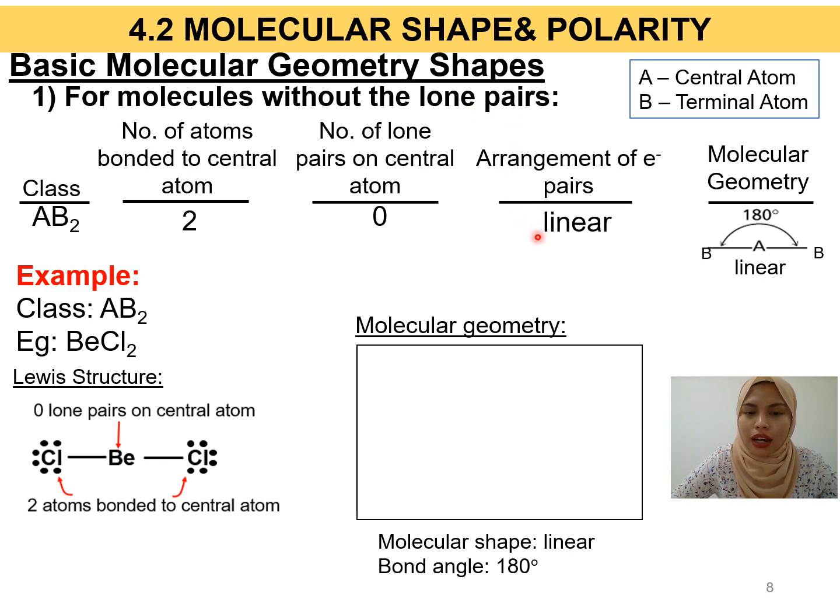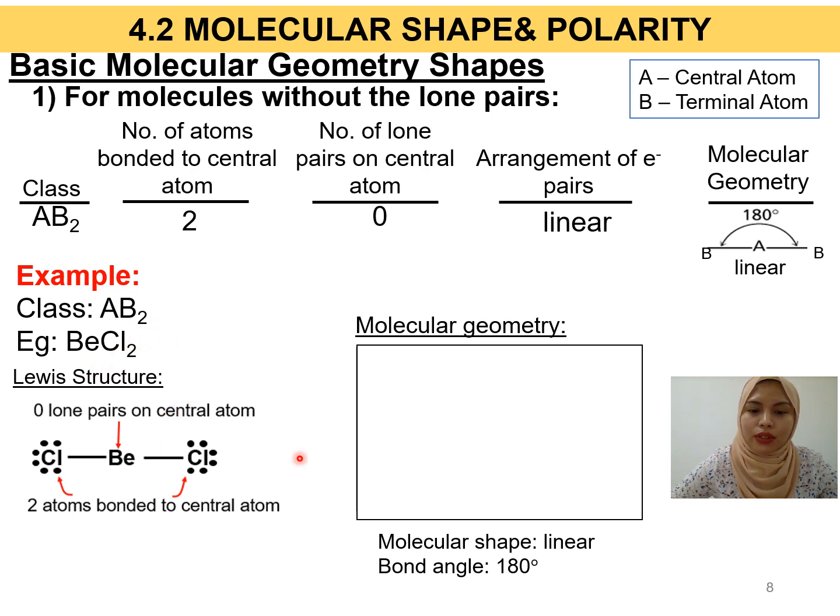You got it? Okay, so for example, kalau let's say soalan tanya macam mana, what is the shape, what is the molecular geometry ataupun what is the shape of VSEPR? So the thing about this ialah you boleh tahu the class if let's say you draw the Lewis structure of VSEPR.